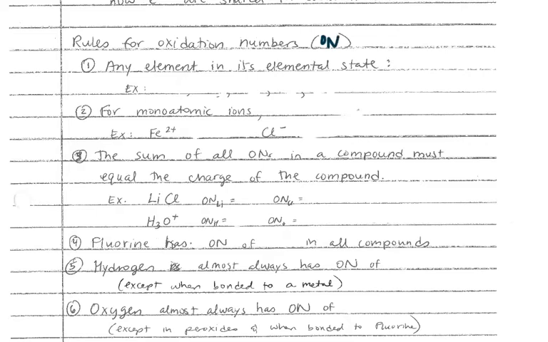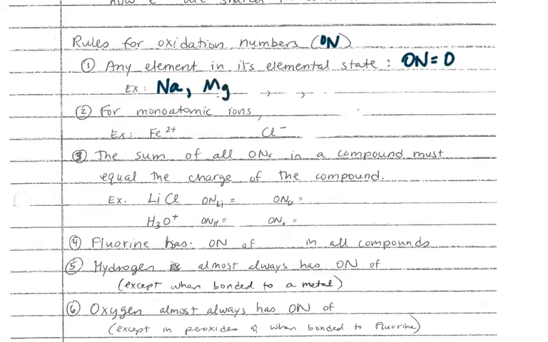So the first rule is that any element in its elemental state has an oxidation number of 0. Okay, so that is going to be things like pure elemental sodium, like the silver chunks I threw in water and made a little explosion in lab, or magnesium.